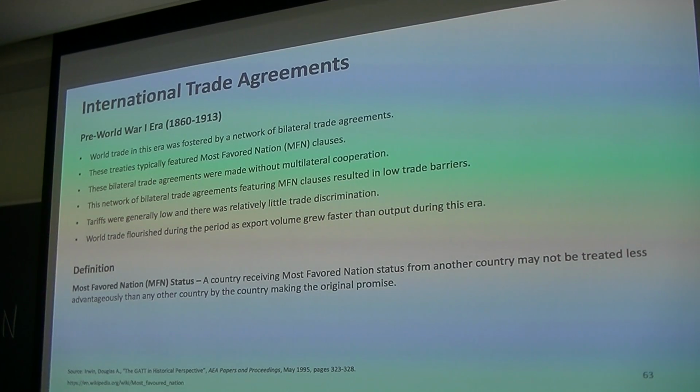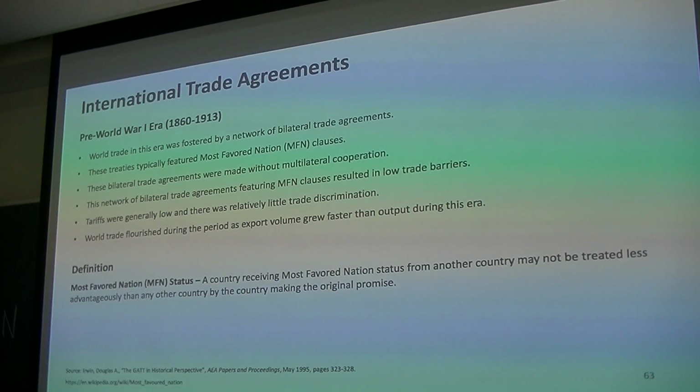As this network of trade agreements grew, the countries eventually made a kind of web of agreements that, when you get enough countries, starts acting as if there's a big multilateral trade agreement. So bilateral trade agreements can produce something that looks like a multilateral one.